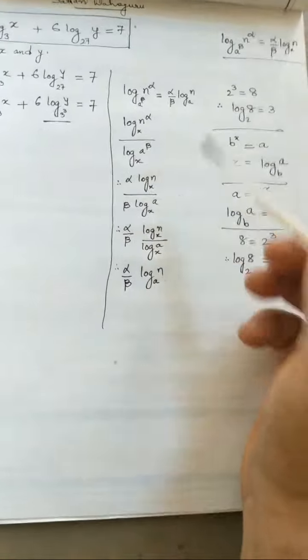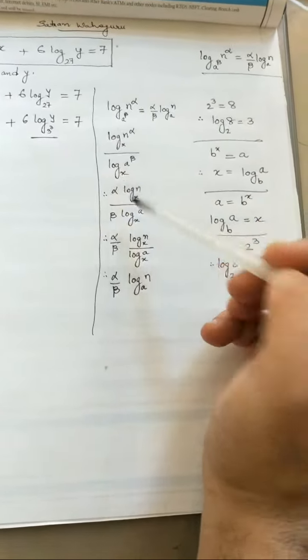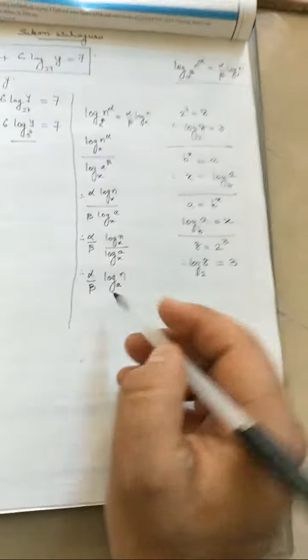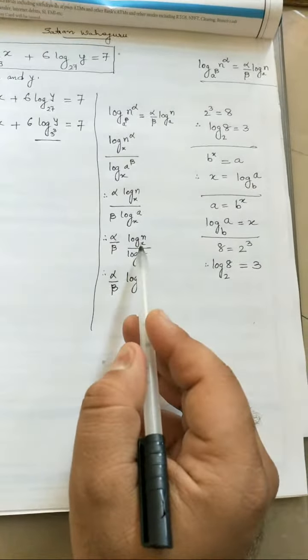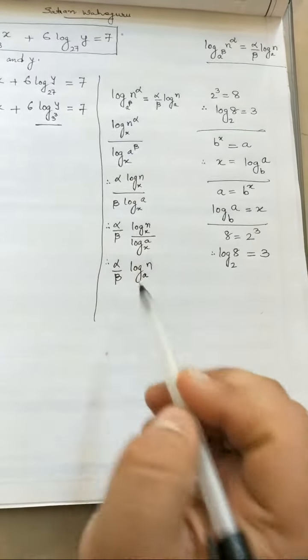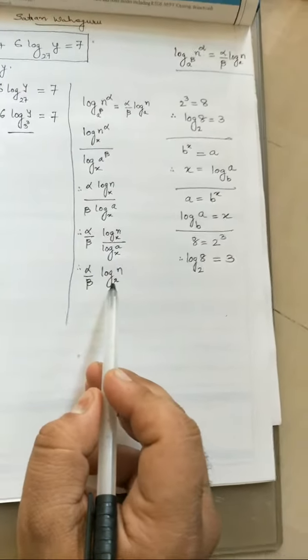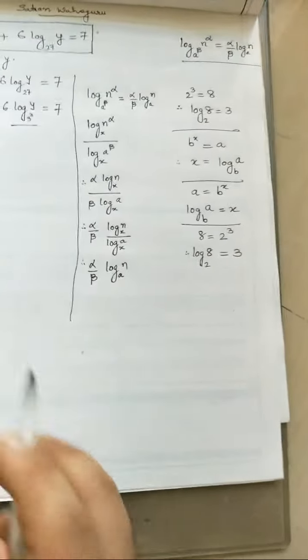The reverse operation: we had taken x as a separate base for both terms. Now we are taking x away, so it will again become log n to the base a. So the final result of this is alpha by beta log n to the base a.